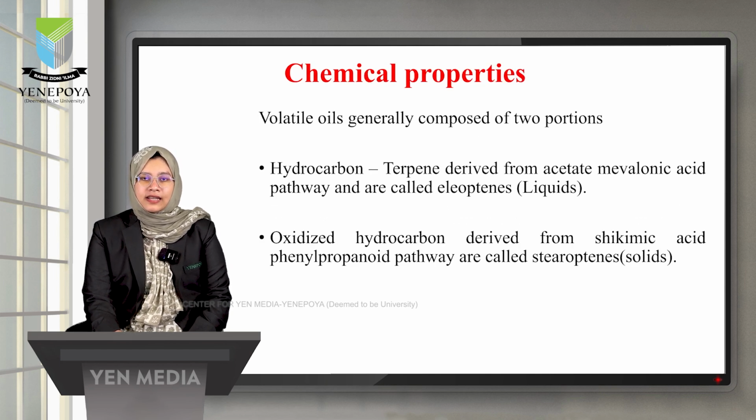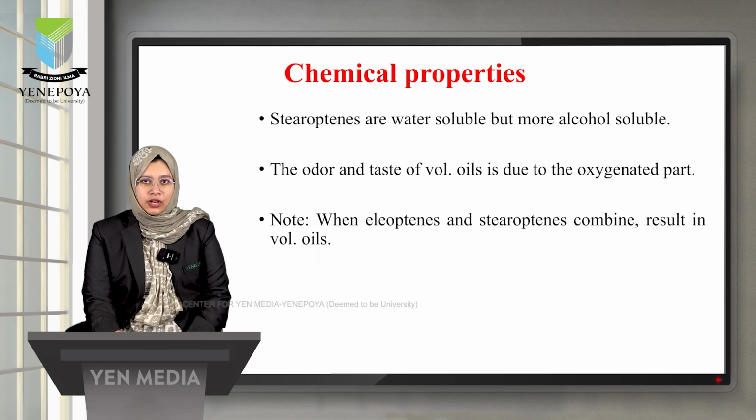And the chemical properties: volatile oil generally consists of two portions, one is hydrocarbon and one is oxidized hydrocarbon. The hydrocarbons are the terpenes derived from the acetate malonic acid pathway, and are called eleoptenes. The oxidized hydrocarbons are derived from the shikimic acid, phenylpropanoid pathway, and are called stearoptenes. Stearoptenes are water soluble and also more soluble in alcohol, and the odor and taste of volatile oil is due to the oxygenated part.